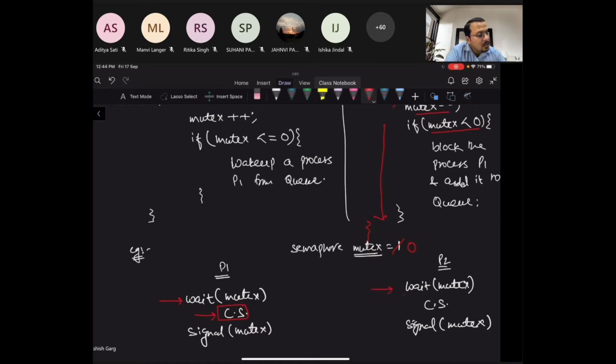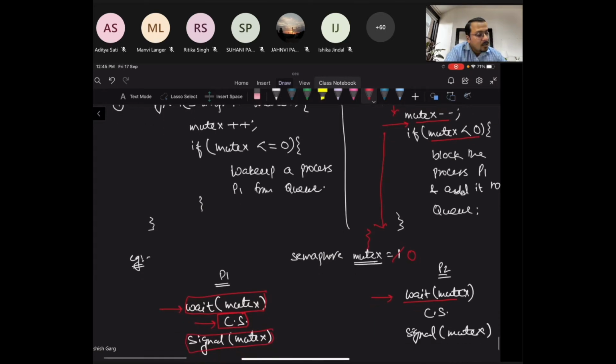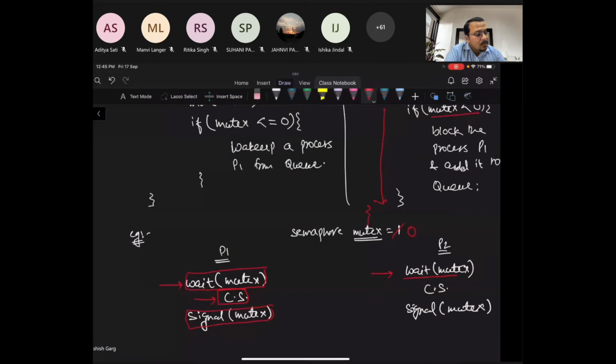If I do a context switch in between running this wait and signal, the context switch cannot happen. That means after mutex minus minus, context switch cannot happen, because all the interrupts are switched off at that time. But after running this wait, when we are inside the critical section, the context switch can happen.